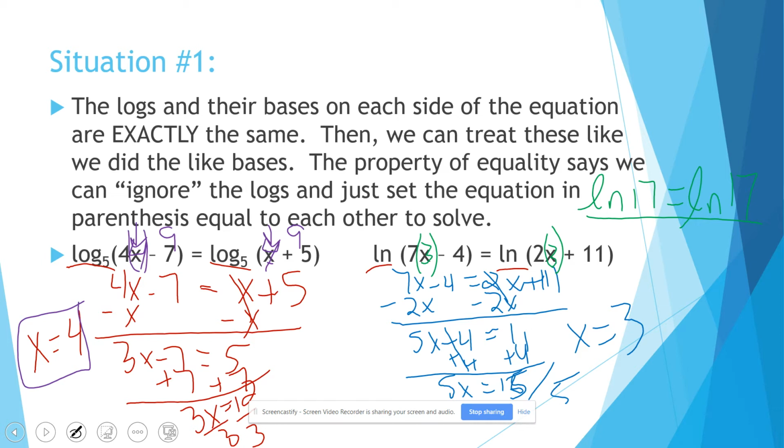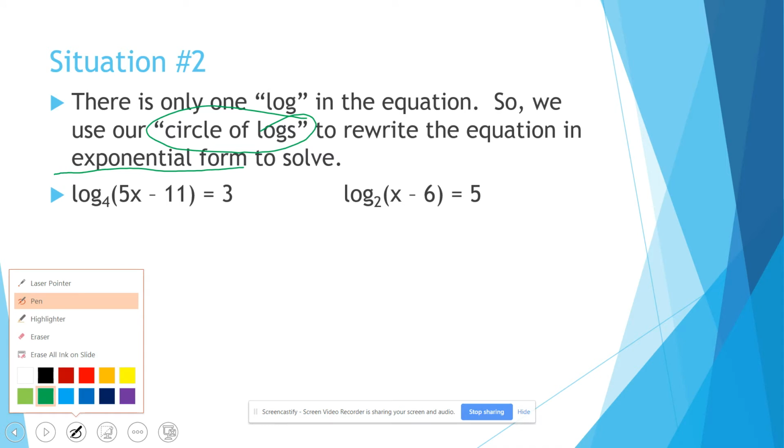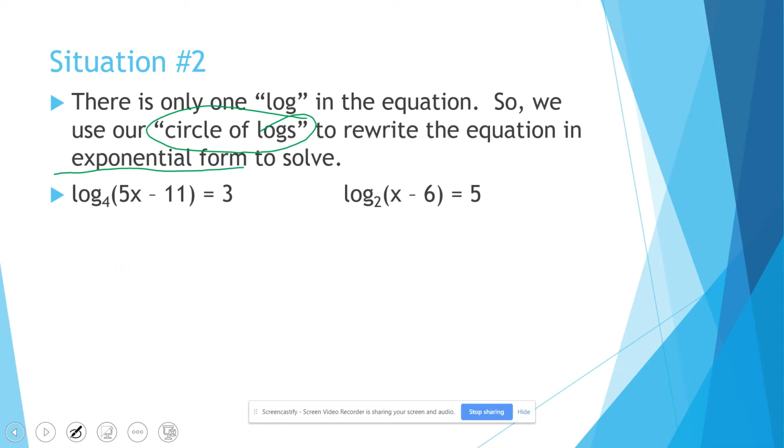Situation 2. There's only one log in the equation. We use our circle of logs or left, right, center to rewrite it in exponential form to solve. So I'm looking over here at our base, 4.